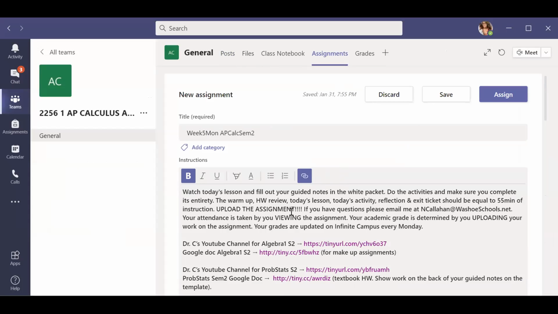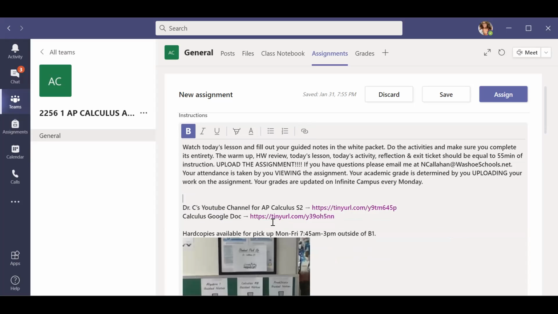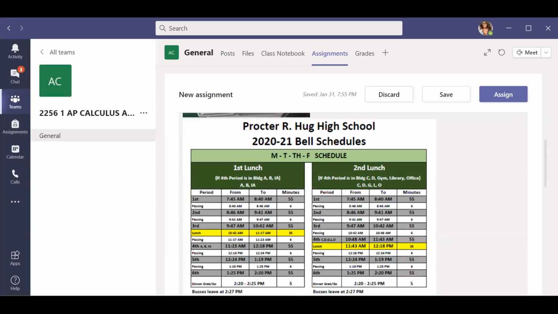Instructions: view the assignment, watch the video, and then upload your assignment to the MS Team assignment tab for week 5 Monday. Keep in mind you guys have 2 links for this class. One is for the YouTube channel, the other one is for calculus. Make sure you guys are checking in with me, especially if you are doing this on a hybrid model.